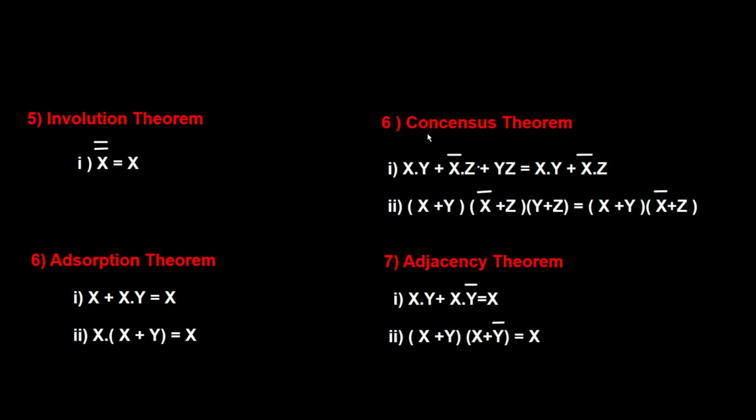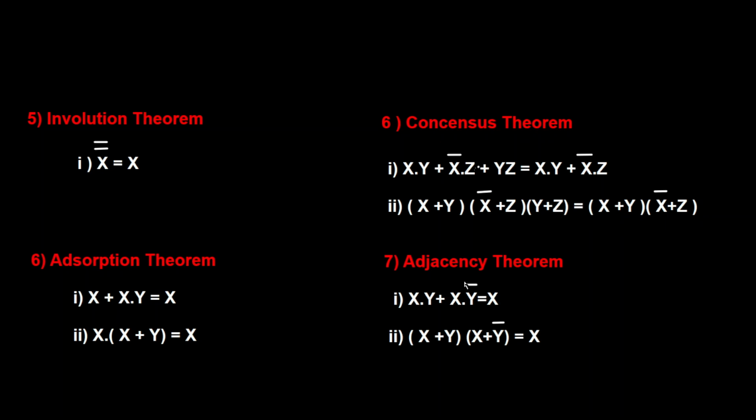Next, consensus theorem, which is x dot y plus x bar dot z plus y dot z equals x dot y plus x bar dot z. Second one is (x plus y) whole into (x bar plus z) whole into (y plus z) equals (x plus y) whole into (x bar plus z).